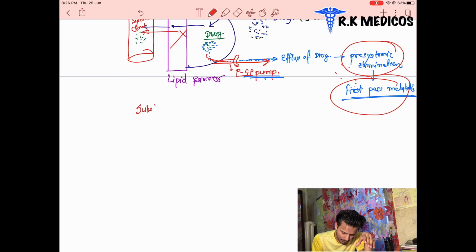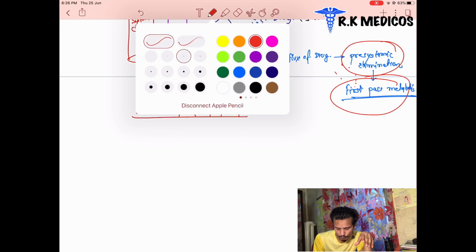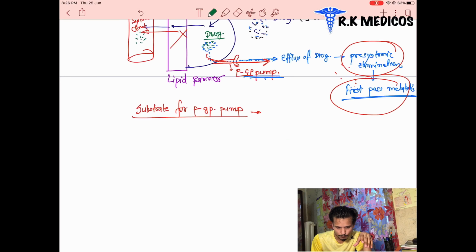The substrate for the PGP pump, what is it? The substrate for the PGP pump is first pass metabolism.